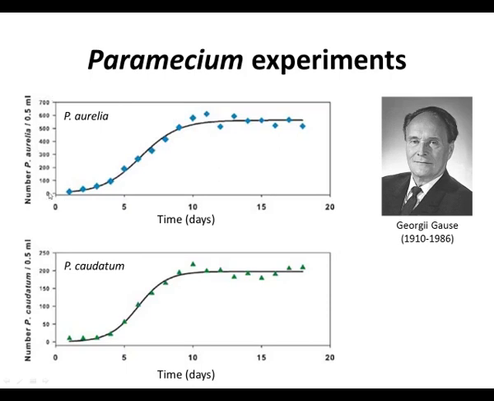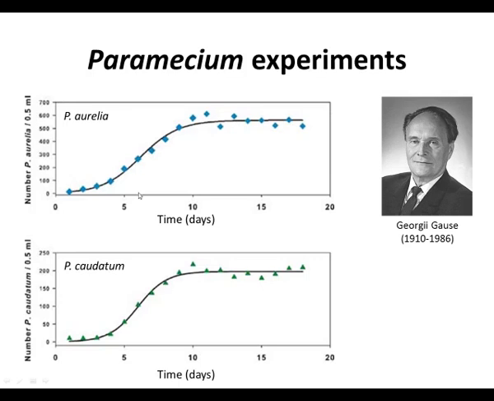So basically, he cultured it with few individuals. So he started with about 10 or 20 Paramecium aurelia and provided all the food and other resources. So as you can see, it's a classical growth curve. So the population grew rapidly and eventually reached the carrying capacity, right?